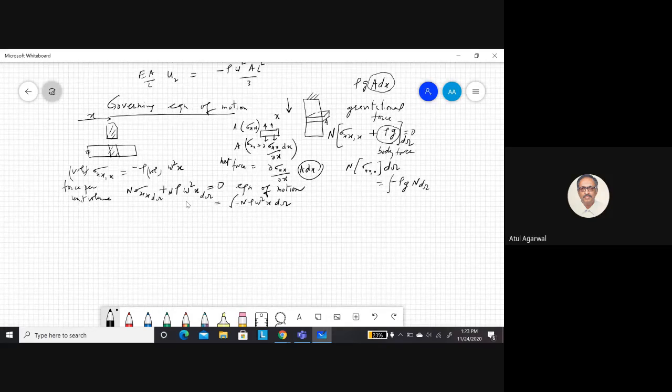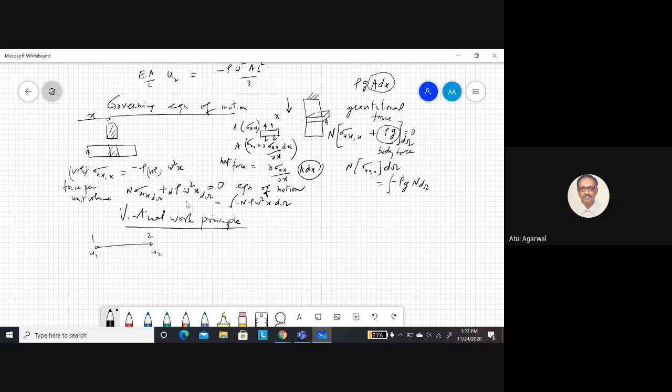Okay, another way of doing this thing is by virtual work principle. How do you do it with virtual work principle? You have got two nodes, 1 and 2. You have got displacement U1, U2.